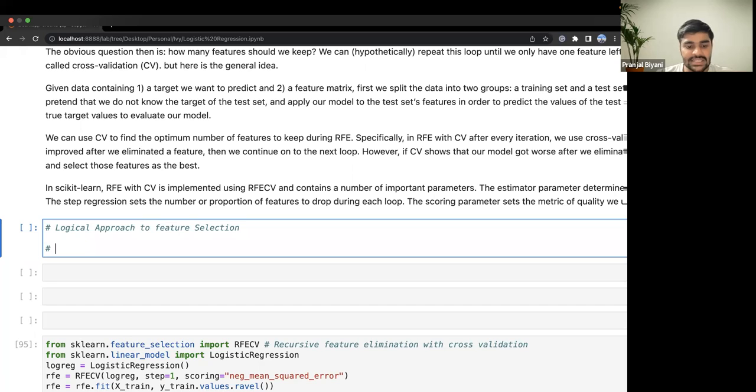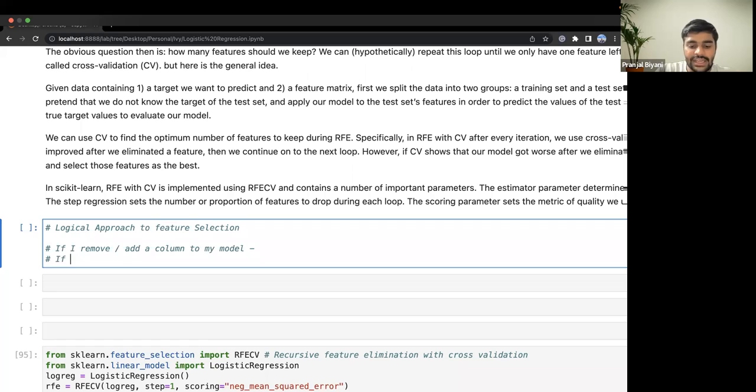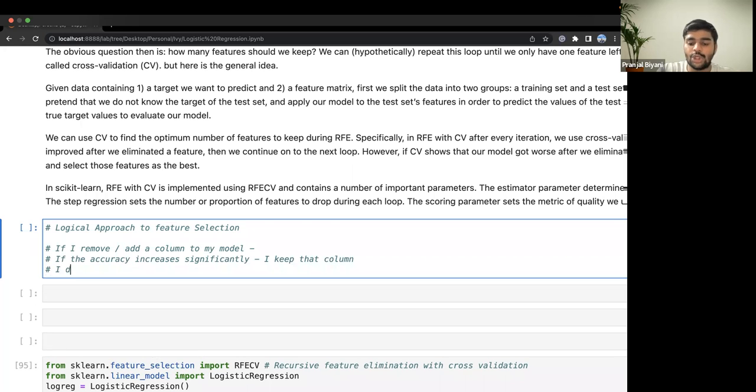The idea is, if I remove or add a column to my model, if the accuracy increases significantly, I keep that column. Otherwise, I drop that column.